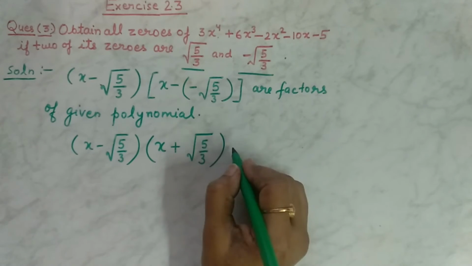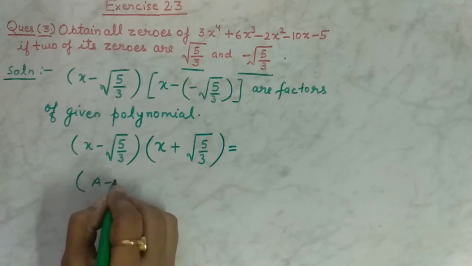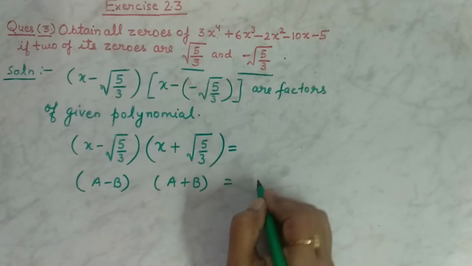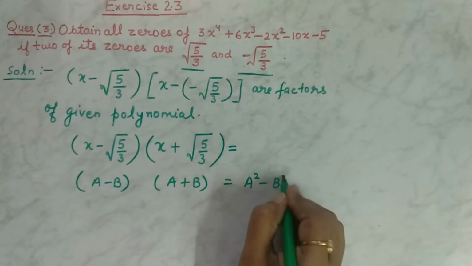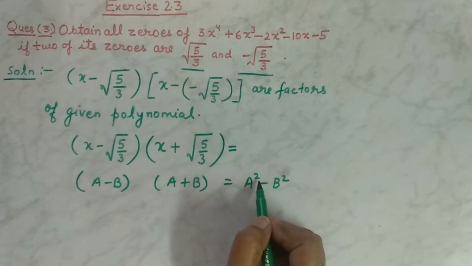So let us multiply this. You know already a formula, a minus b into a plus b gives us a square minus b square. Here the value of a is x, so this is x square.